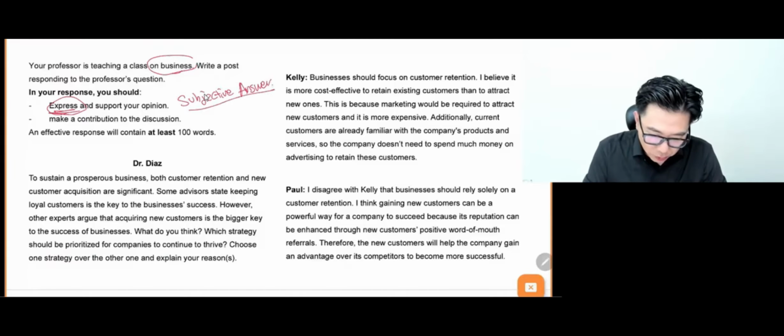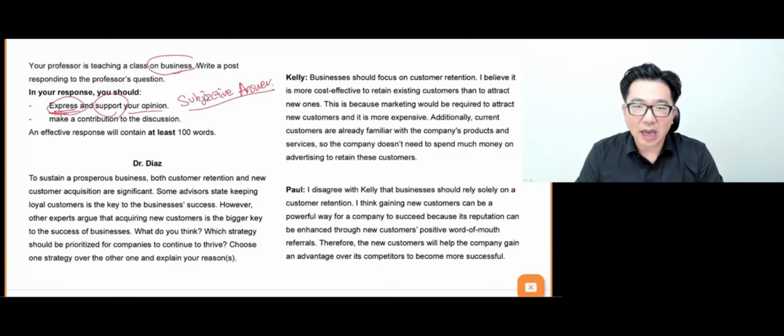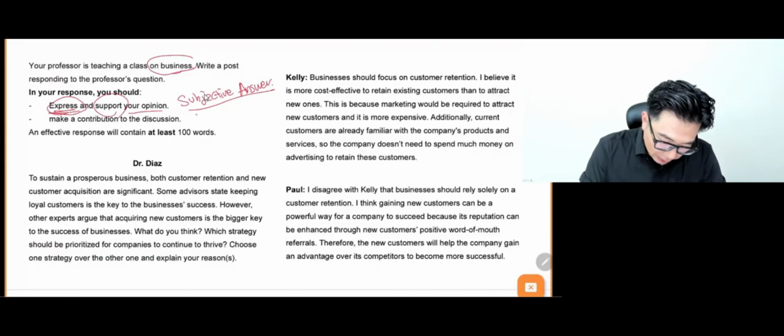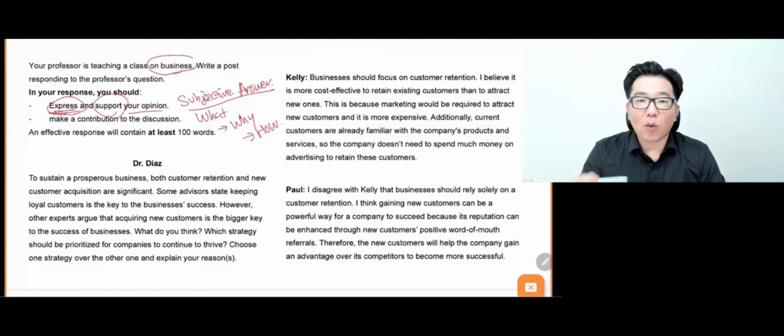So express your opinion and support it. Make it logical or make it persuasive. I'll show you exactly how you can do that in the easiest and the best way to get the perfect score. All right? I always say this, the secret formula is to create a structure, what I call what, why, how.